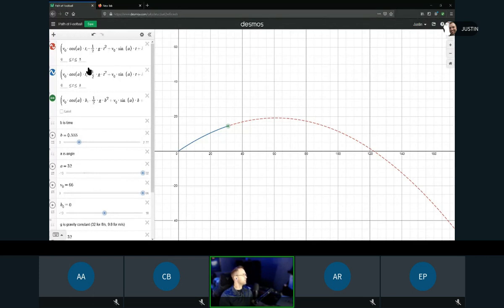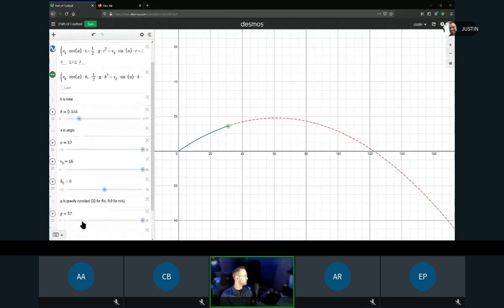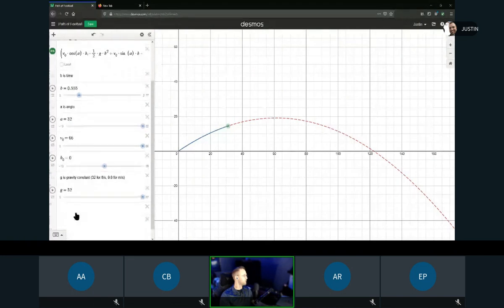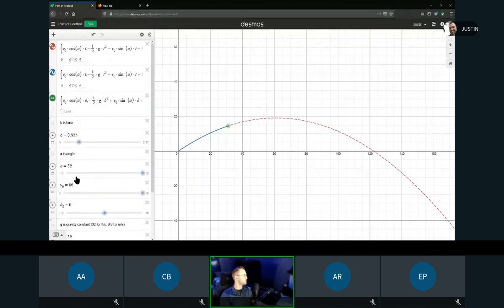I'm not going to go through all this stuff I typed in, other than the fact that you can change your values, like your initial velocity, your A and B, which you can kind of see what those values are up here. I have G in there for your gravity, which is negative 32 feet per second squared. All right, so everything is entered properly. A is 32. Is 32 the angle? Was it 33?